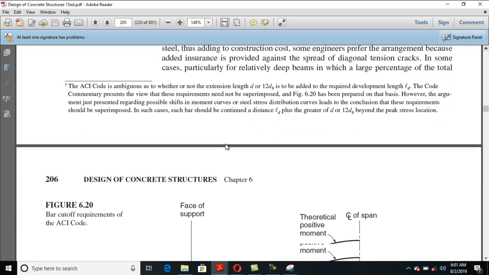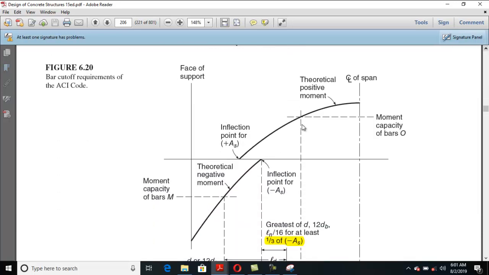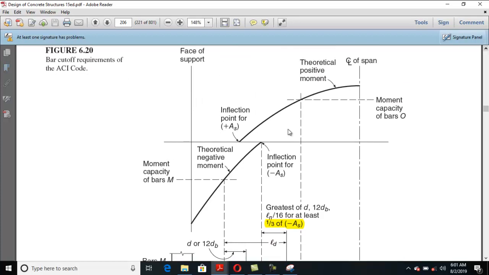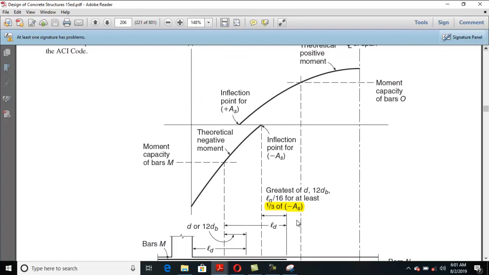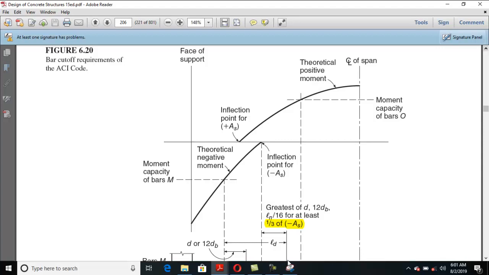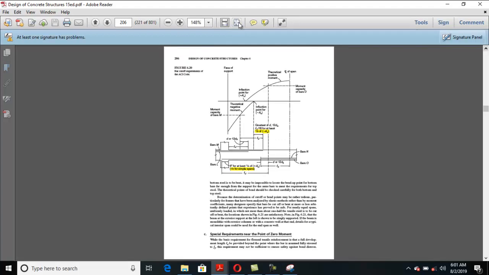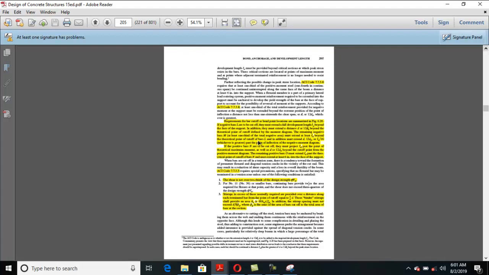Clear? This is one of the most important diagrams, and you people must need to understand it. Okay, because this is important. This diagram is important. Clear?